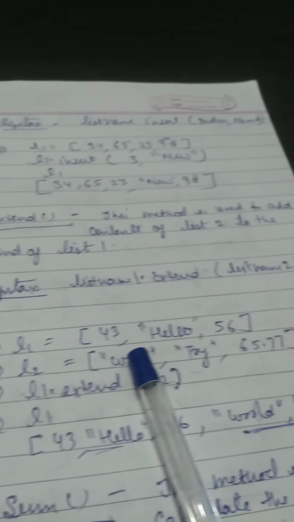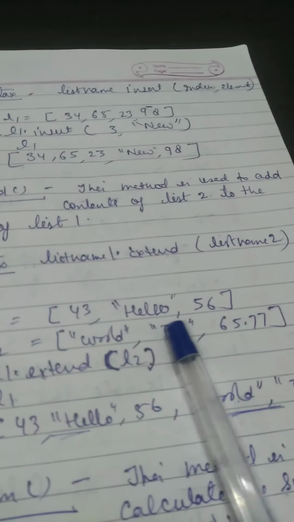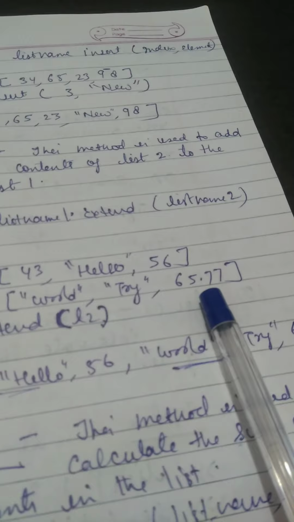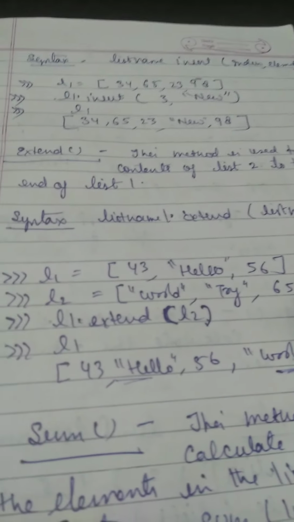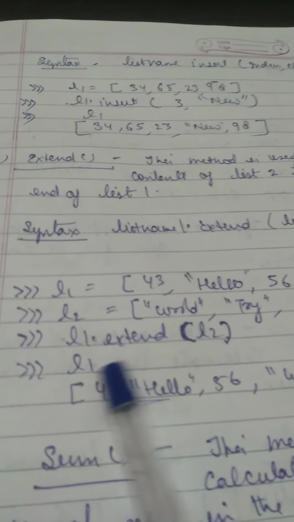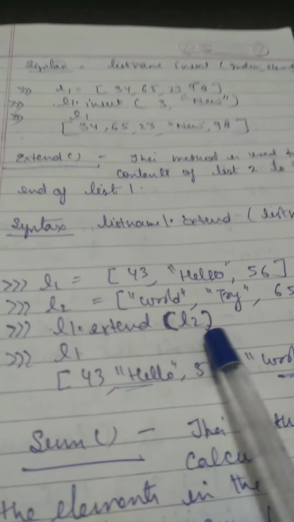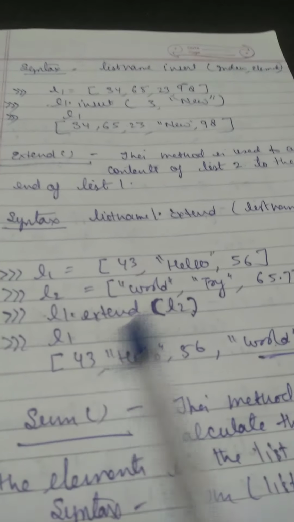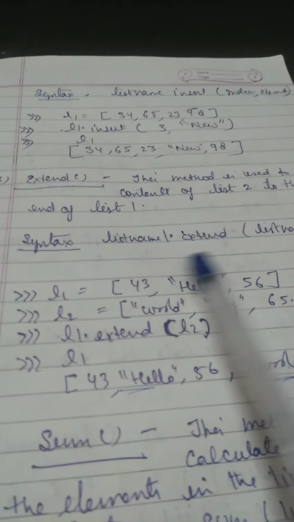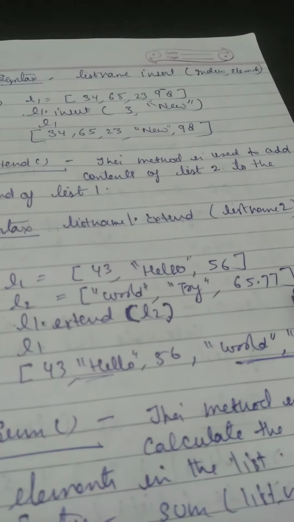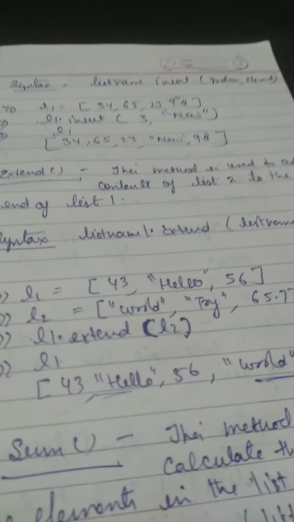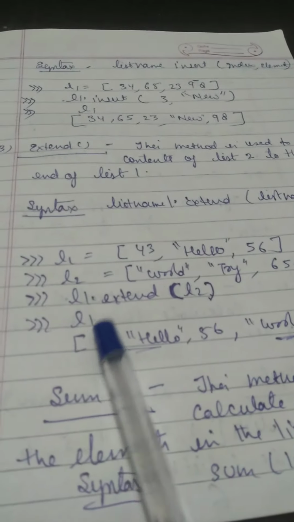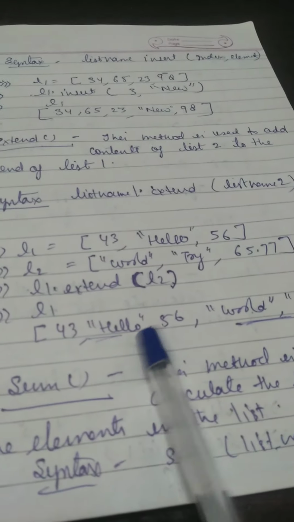Then L1 is equal to 43, hello, 56. This is list 1. L2 is world, try, 65.77. This is another list, and these are the elements of the list. Now L1 dot extend L2. Then after the L1 elements, the elements of the second list will be added. Earlier, your L1 list had these many elements: 43, hello, 56.